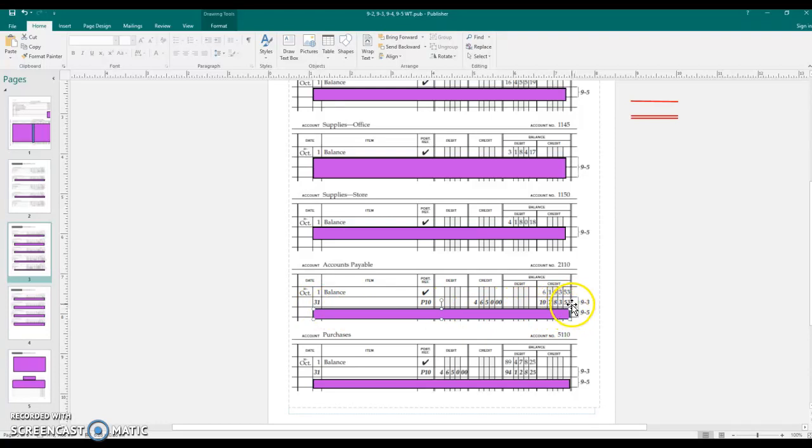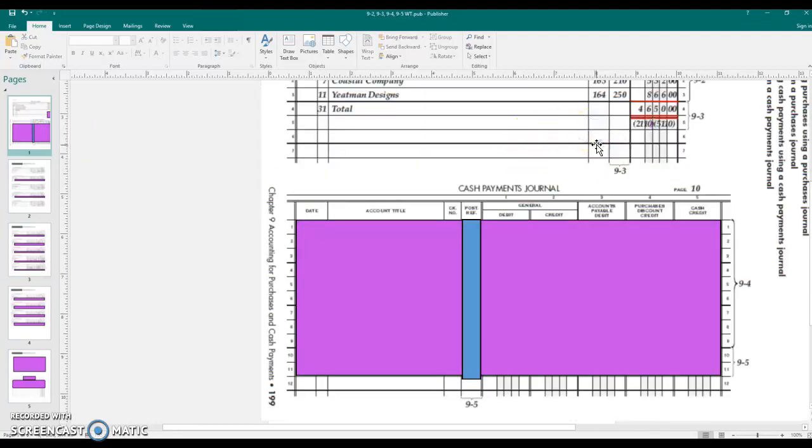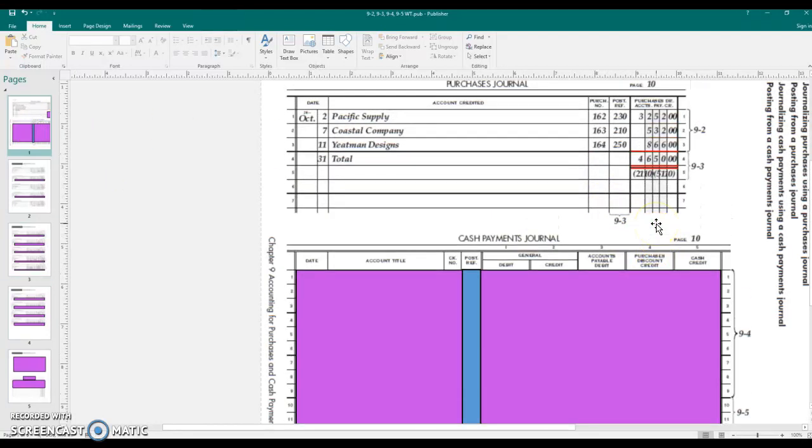That means the total amount we owe to vendors right now is $10,783.53. Then we take our accounts payable number, 2110, and post that number right here. Okay, and that is your purchase journal, posting to the accounts payable ledger, and the posting of purchases debit and accounts payable credit.